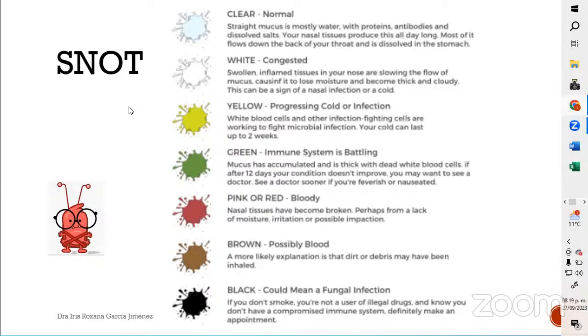That's the fluid coming from your nose, no matter the color. The color has a different meaning according to the situation that you are suffering from, okay? Snot is a very common situation during a flu, during a cold, so let's take it into account. Read all of this, take the information, and any expression you get on this, let me know during the workshop, okay? That's why it's for you.